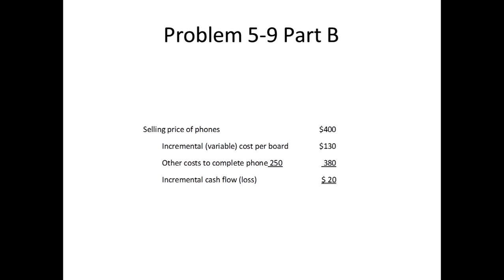So, assuming that there's an excess capacity of 5,000 boards per month, and the excess capacity has no other use, then the incremental cash flow to the corporation would be $20 per phone, or $20 for each circuit board purchased by the phone department. So it would be a net benefit to the corporation, of course, if this transaction took place.